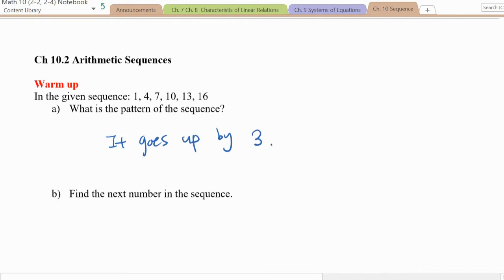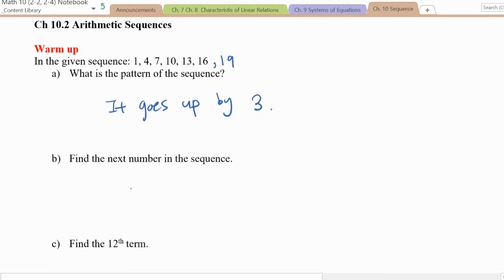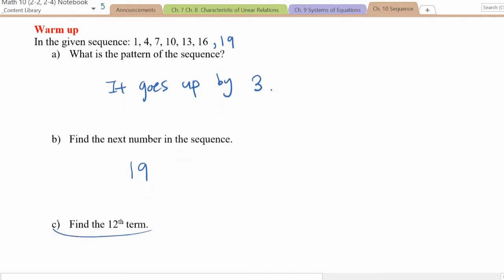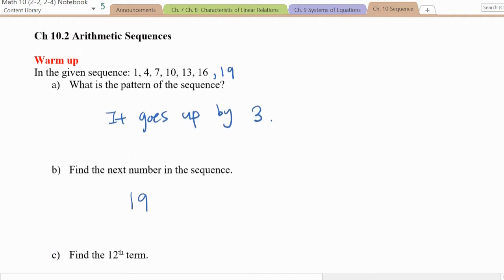Then let's find the next number in the sequence. So 1, 4, 7, 10, 13, 16. What's the next number? 19. So the next number is 19. And find the 12th number, 12th term. Alright, so this is the first, second, third, fourth, fifth, sixth.